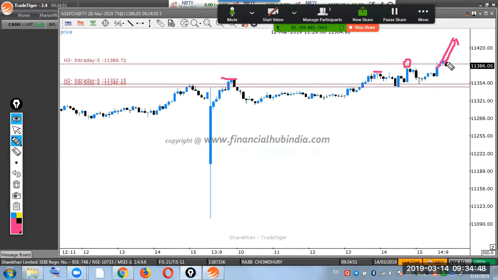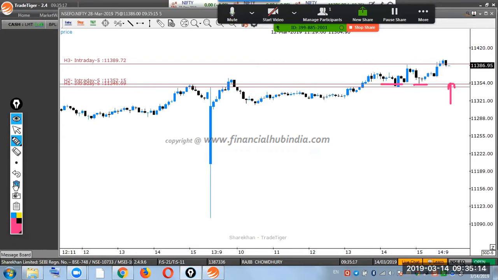So we want to see that push towards the upside. Or if you go for a trade, then it should be on a larger pullback. In that case, since we marked this support level, I'll keep my eye on this support layer. This support layer will play a key role for now in the market. Let's see what happens.